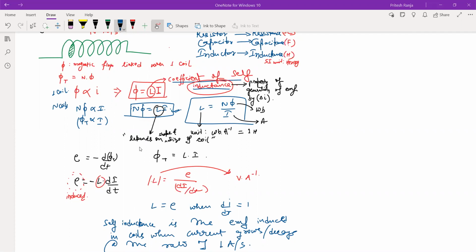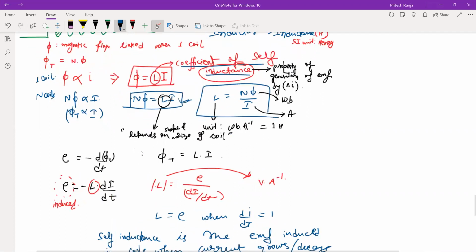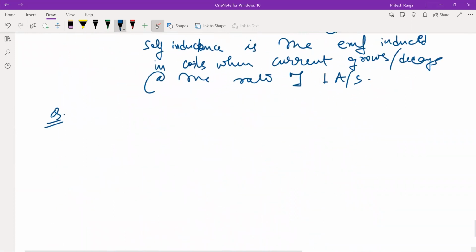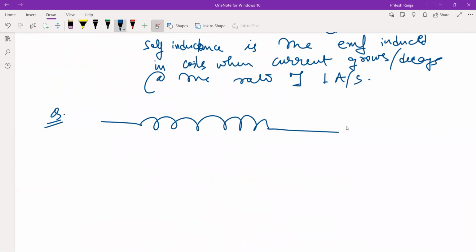Okay, let us do the question now. Simple question first. Let's say we have a coil and the self-inductance is 2 Henry and the current that is flowing is I, and di by dt, let us suppose, is given as 4 amperes per second.